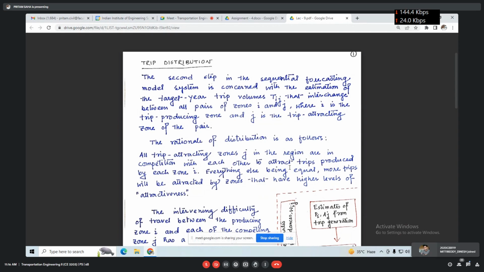And also, not only distance. Let us assume that the distance between your place and South City Mall is larger compared to Avani Mall, but these two places are connected by metro. And you know that if you go by metro, you will spend less time.